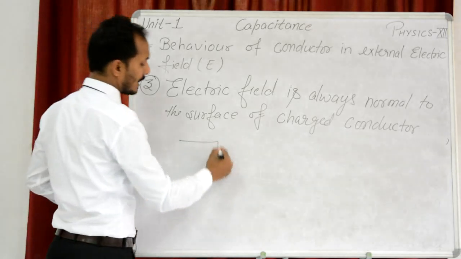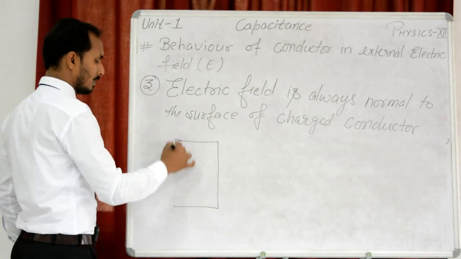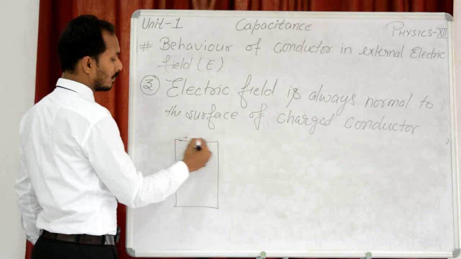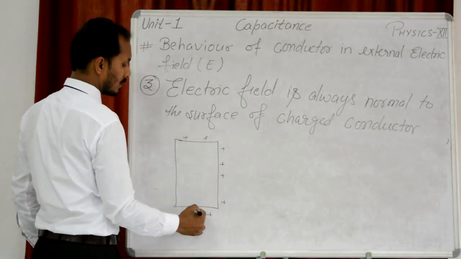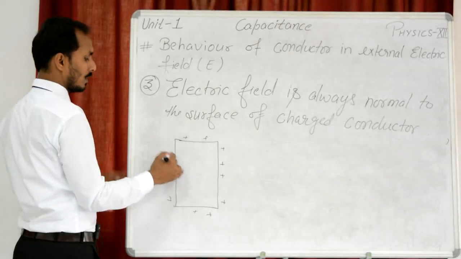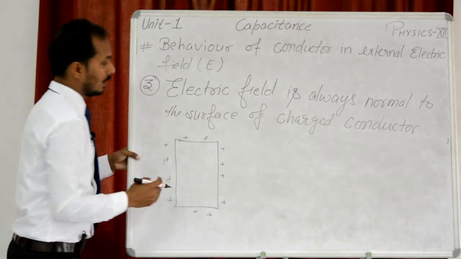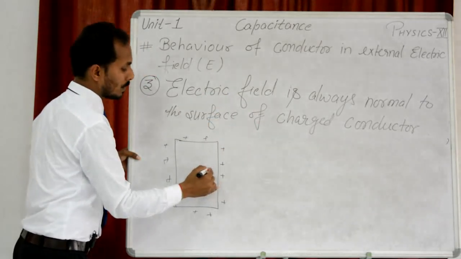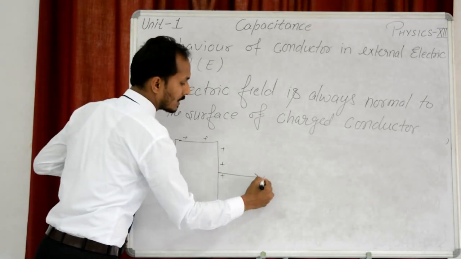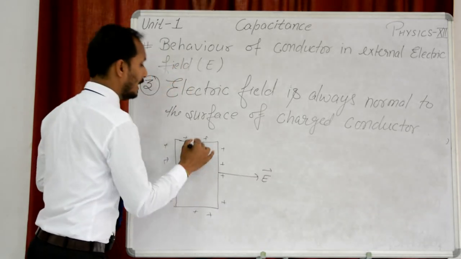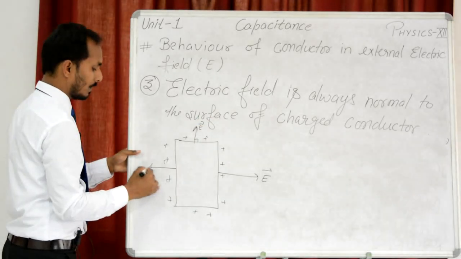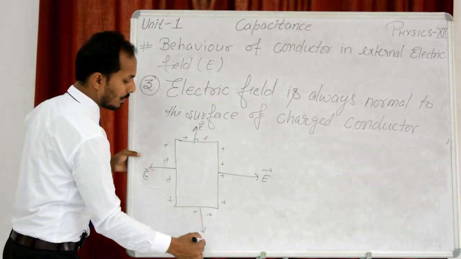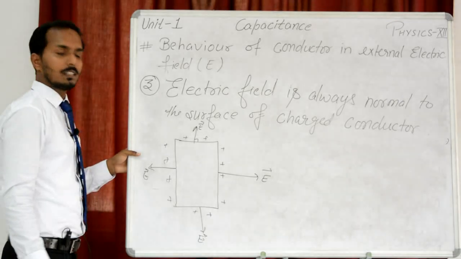So consider the surface of a charged body. I am saying that this is positive charge over the surface, and suppose this is the direction of the electric field. I know that the electric field line is always normal to the surface. How can I prove it?